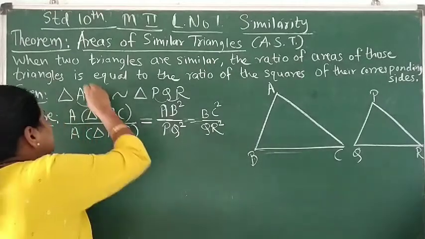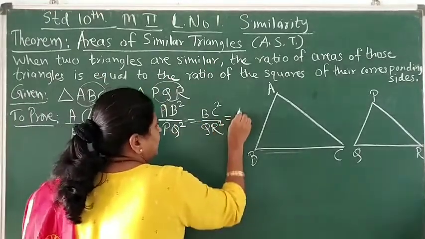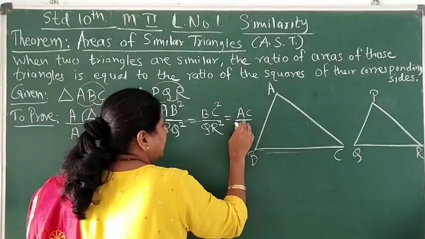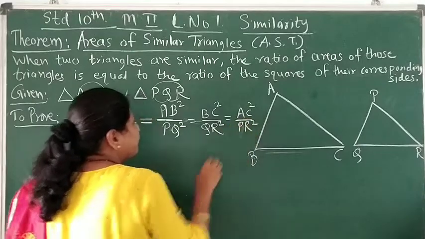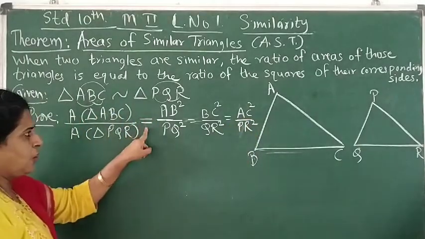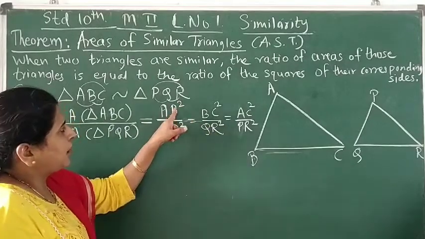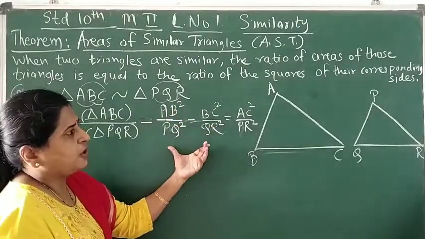And what is the remaining side? AC, first and third letter, so it is AC upon PR, and we want its square. So the ratio of areas of those two triangles is equal to the ratio of the squares of corresponding sides. This we have to prove.